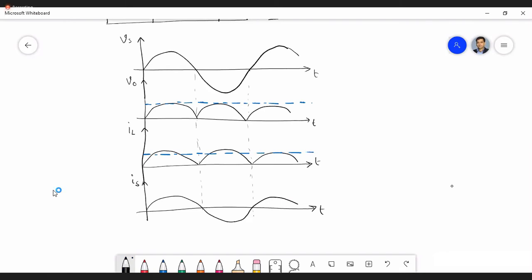That is the input voltage and input current waveform. Anybody? They won't change, sir. The input current waveform will change, but the voltage will remain the same. Source cannot change because we are supplying.